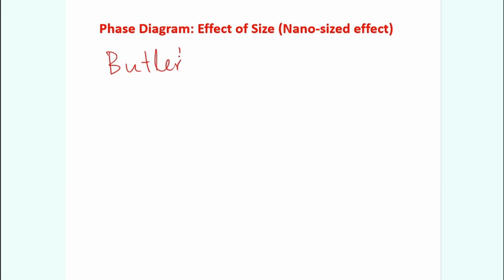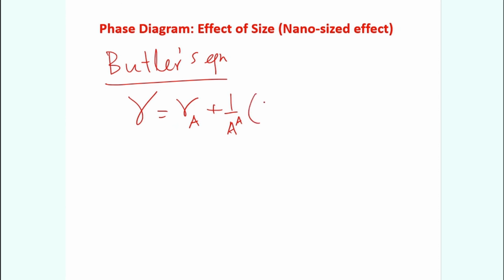Here gamma is related as gamma pure A divided by, this is a little bit complex and difficult to derive, G excess surface minus G excess bulk, gamma x x b, right.